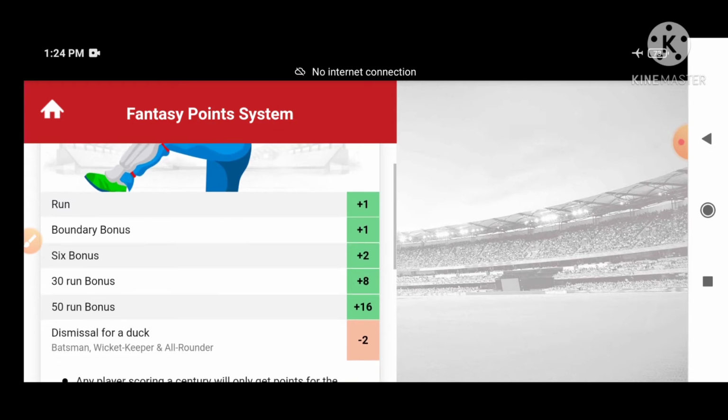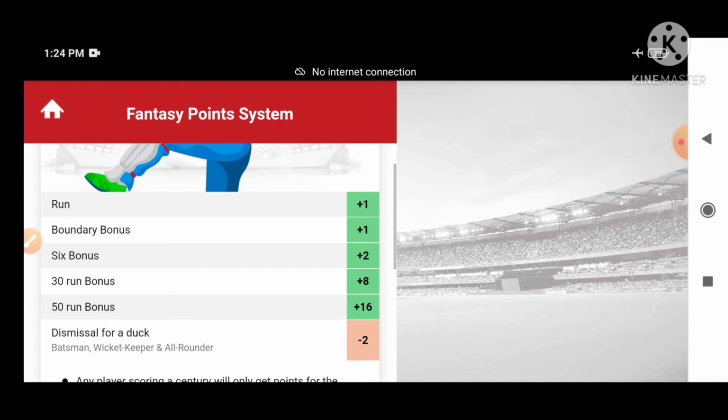Per six you get 8 points, and for every 30 runs you get plus 8 bonus points. In T20 matches you don't get this bonus, and at a 50 run score you get plus 16 bonus points. So the bonus you get from a player in the match is very crucial. You have to think about that.